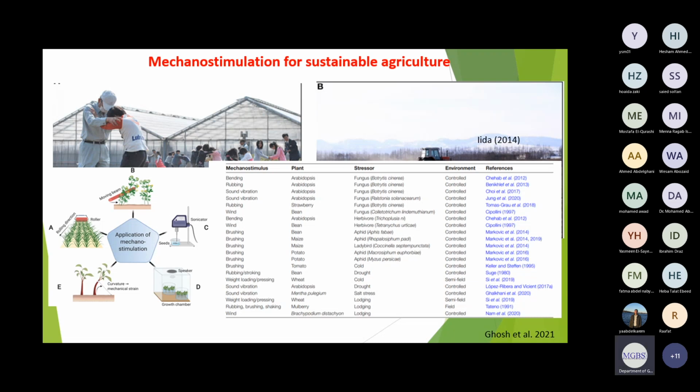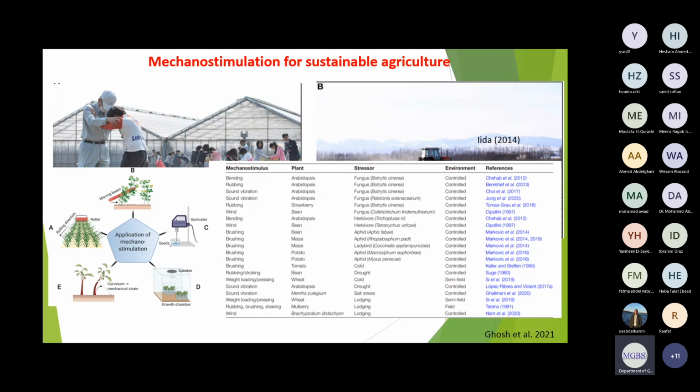If you have a look at this table, I think it's not clear, but I will summarize. We applied mechanical stress in different crops like maize and different plants like potato, bean, wheat, and we used different mechanical methods. Some plants were treated with bending, brushing, or wind, and the result is that these treatments increase the tolerance of plants to biotic and abiotic stress.